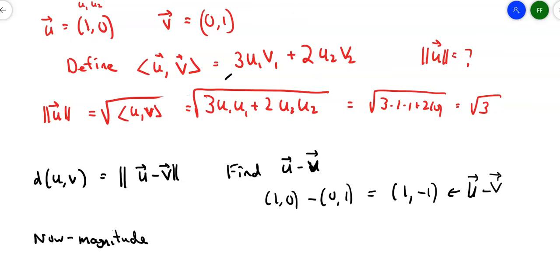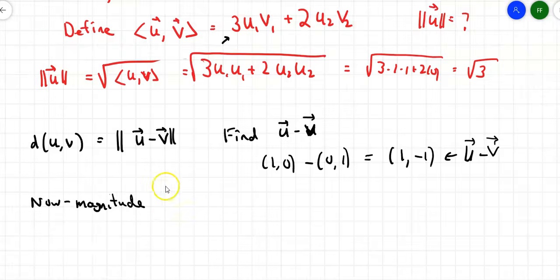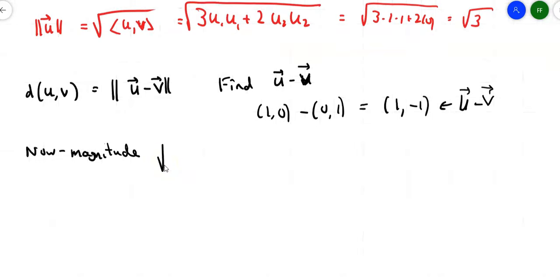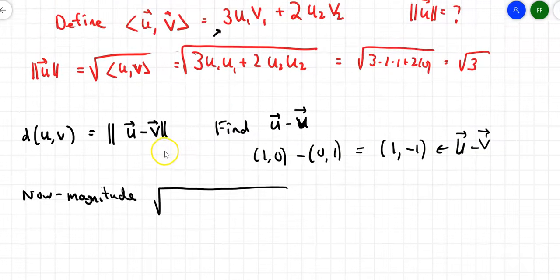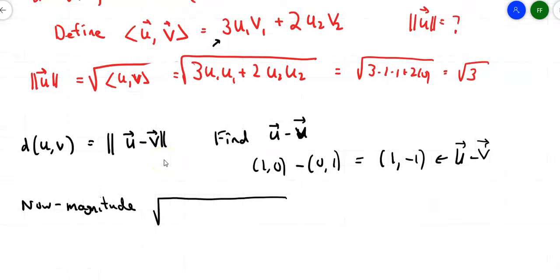Using, again, this definition that's up there. So what's the magnitude using that definition? It's the square root of 3 u1 u1 minus 2 u2 u2.